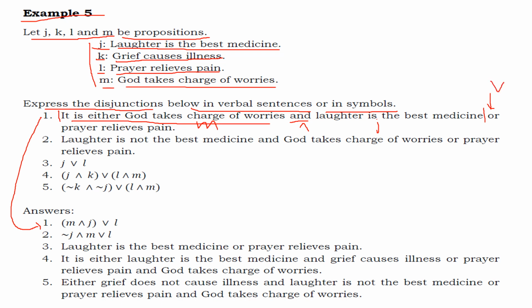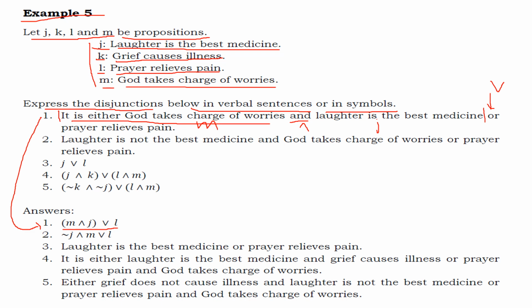Prayer relieves pain. There is no application of negation for your L, so we copy again your original proposition L. That's why our answer is M conjunction J. Whatever the resulting value between M and J, they are conjuncts.